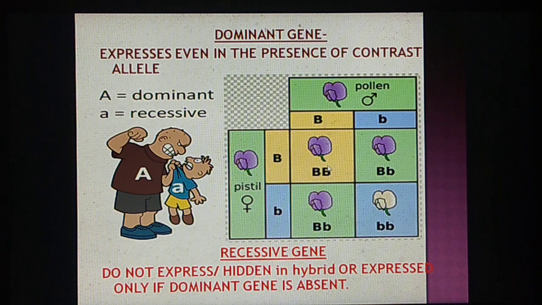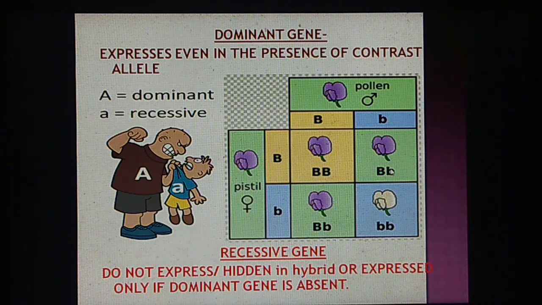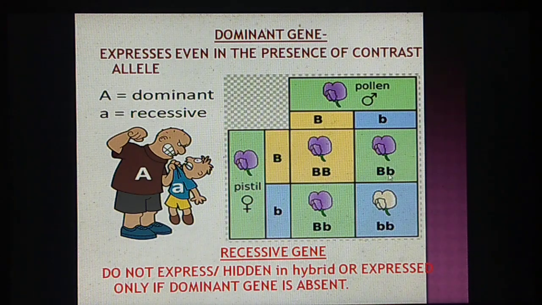That indicates that capital B is the dominant gene. Capital B, small b is also a dominant gene. Why? Because it expresses even in the presence of the contrast allele, and the contrast allele is which one? Small b. Whereas small b is able to express in the absence of the dominant. You can see here there is no dominant gene present. So, therefore, it is able to express itself.